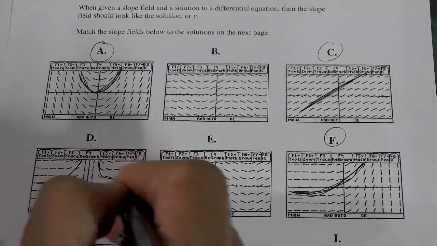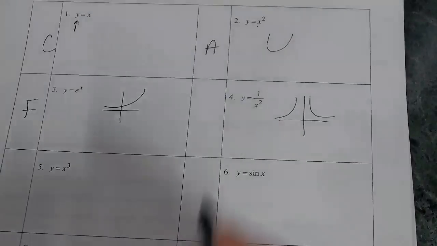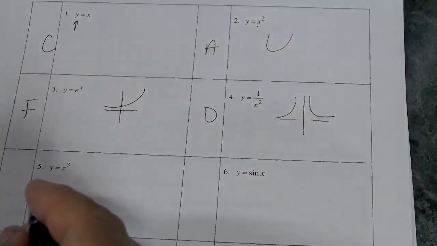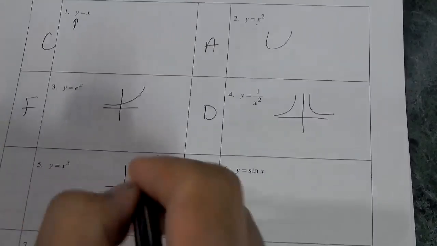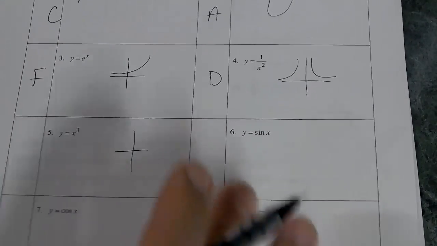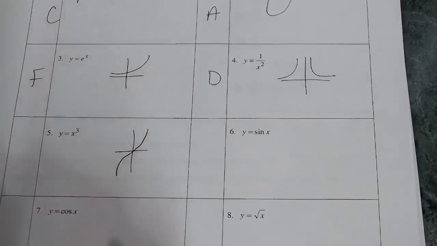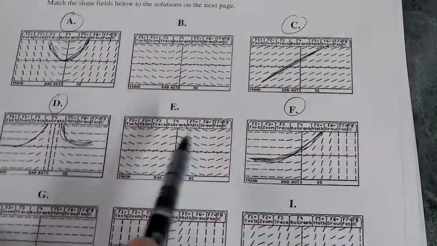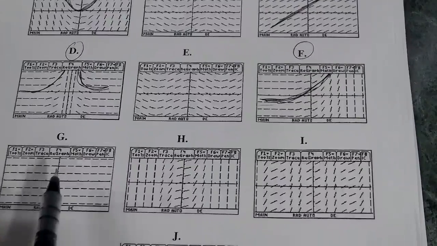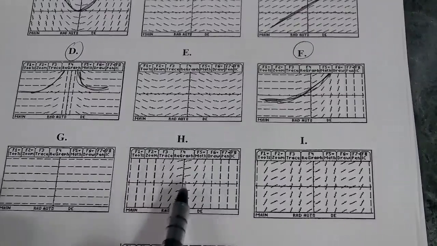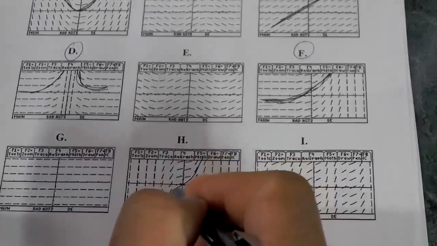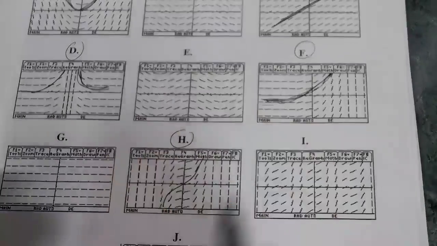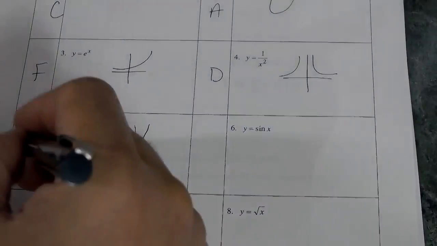See it? X cubed. X cubed looks like this. So it's not b. Well, d's gone. It's not e. It's not g. It looks like this. See it? Possible x cubed. So it's h.